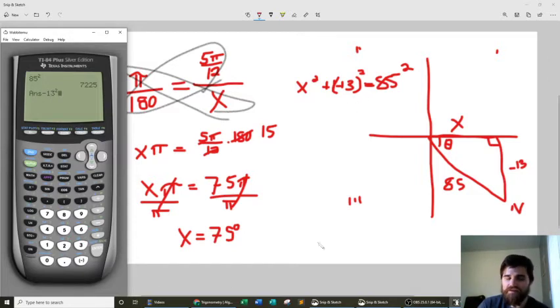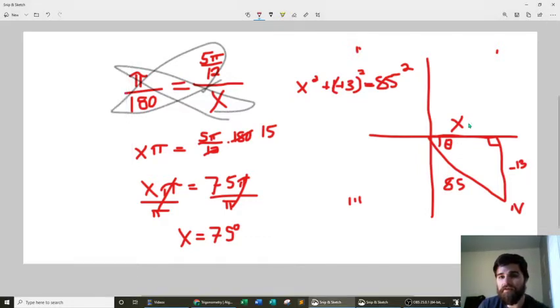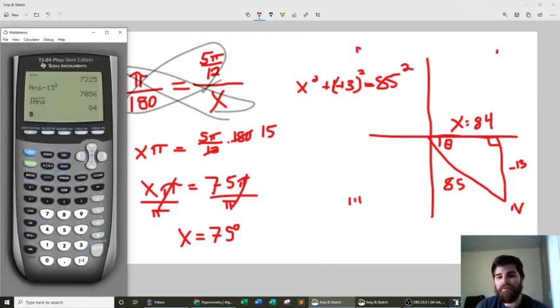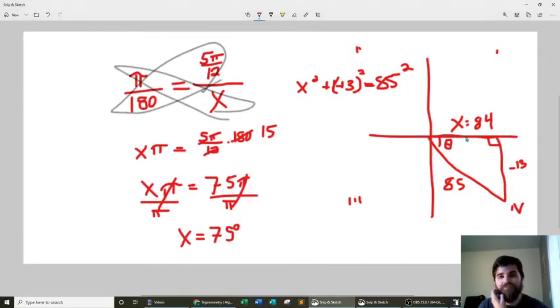It's negative 13 squared, but remember when we square, that negative is going to essentially go away. All right, and so my x, my long leg there, is the square root of that number, which is 84. X is equal to 84. All right, and I just solved this Pythagorean theorem here to get x by itself.